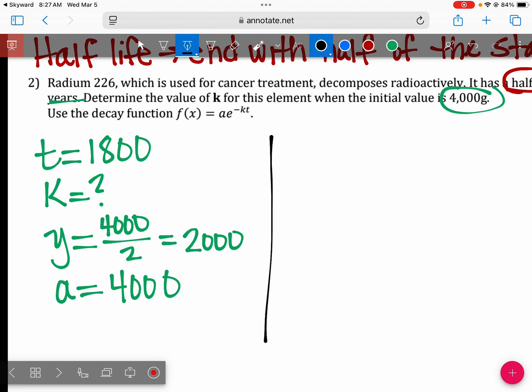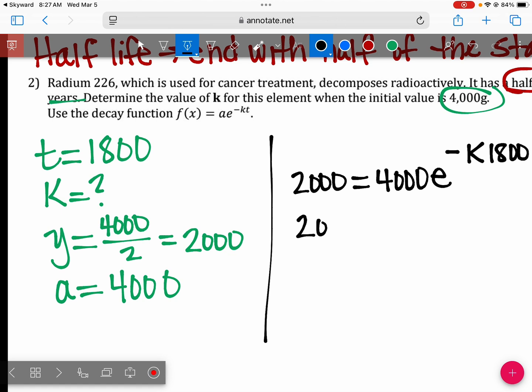So now we're ready to substitute it in. So we have 2,000 equals 4,000 e to the negative k times 1800. But again, that looks weird. So I like to just flip it to negative 1800k.